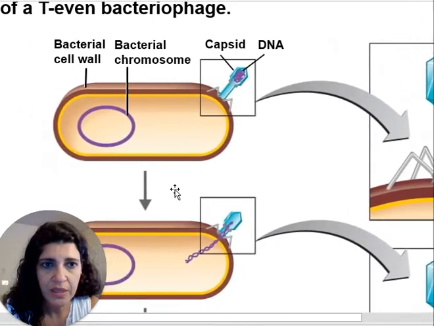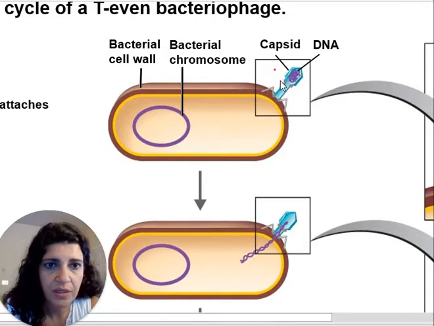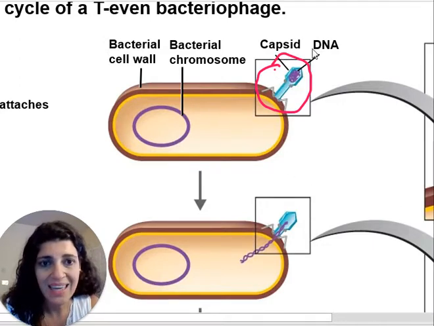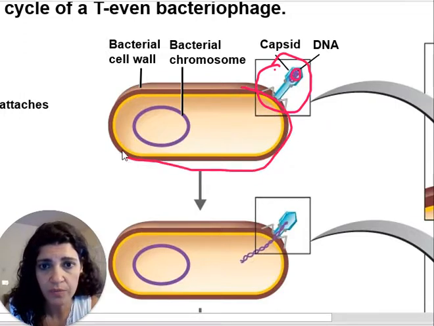You have a bacteriophage here, correct? It is going to inject the DNA, which is this purple genetic material, into this bacterial cell. This is the bacterial cell, right?